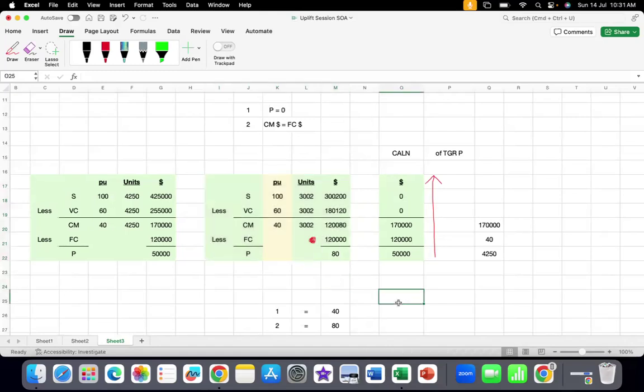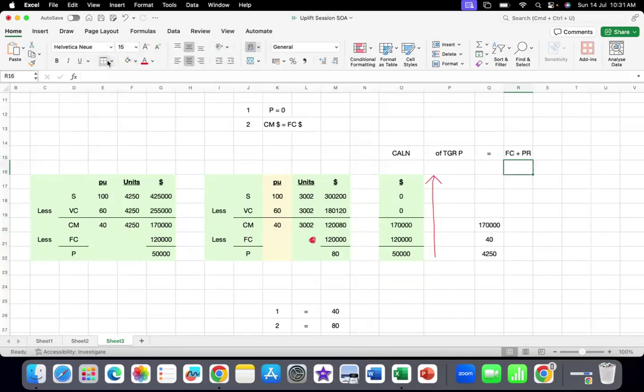If you want the formula, I can give you the formula. Calculation of target units is equal to fixed cost plus the profit, divided by contribution margin per unit. That's what we did.